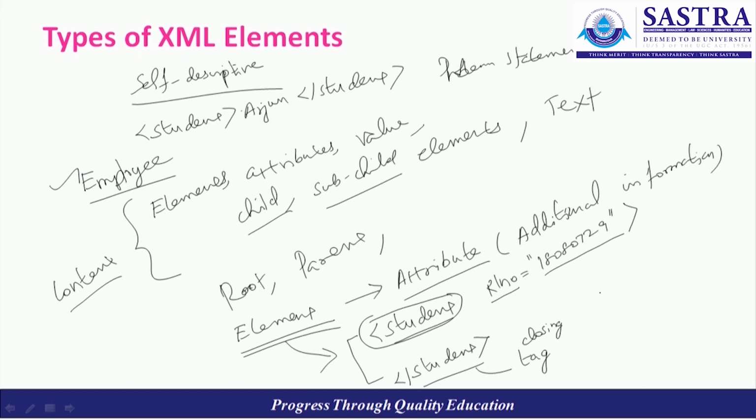So an opening tag and a closing tag should be there for an element. Now we have a question about whether an attribute is mandatory for all elements. It is only based on the need that we can have attributes. Even if we have one attribute or more than one attribute, all the attributes should be very close to the element.